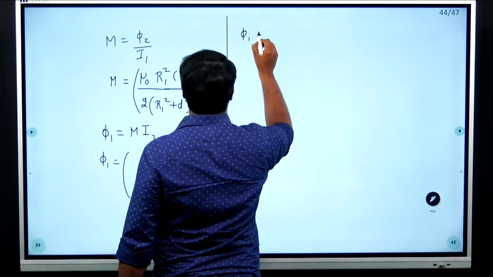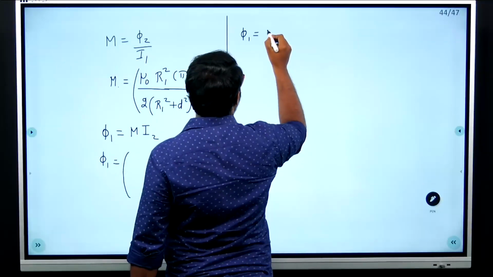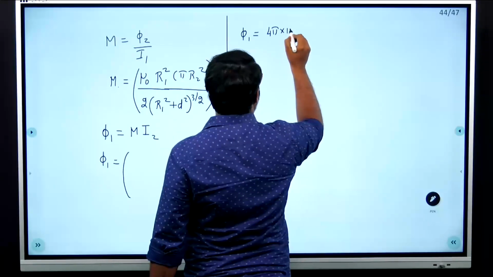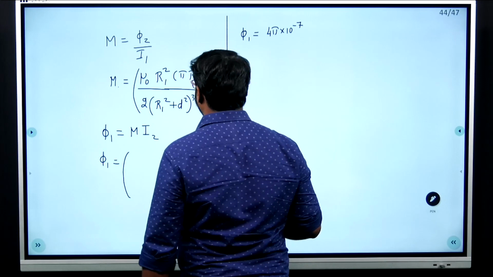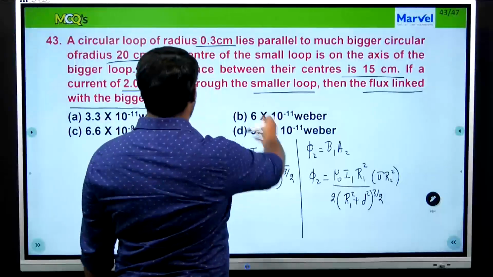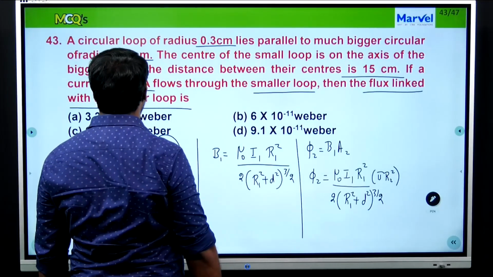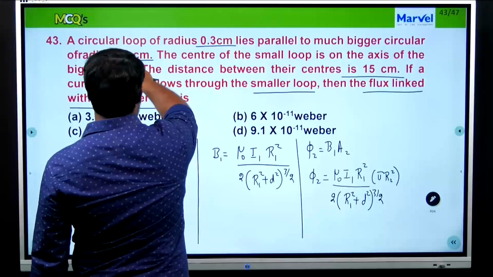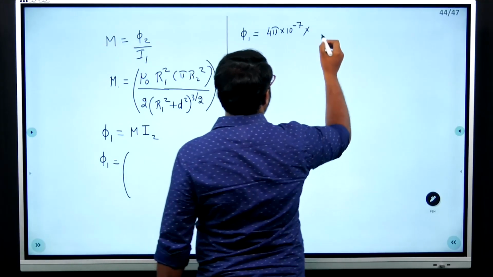So phi 1 is equal to, what is mu naught? Mu naught is 4 pi into 10 power minus 7, into R1. R1 is going to be 0.3 centimeters and R2 is going to be 20 centimeters.